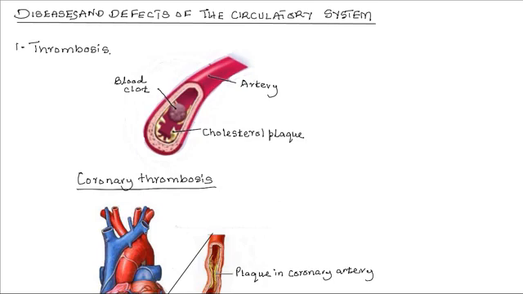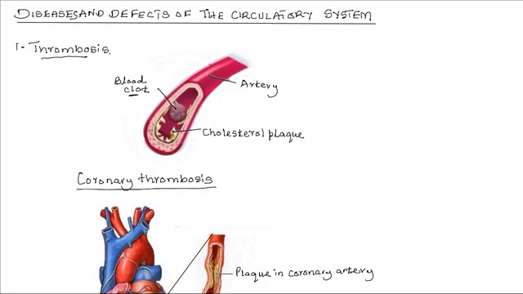The first of such diseases is thrombosis. Now the term thrombosis refers to the formation of a clot, a blood clot that is, within the blood vessels. There are various factors that can lead to the formation of a clot.